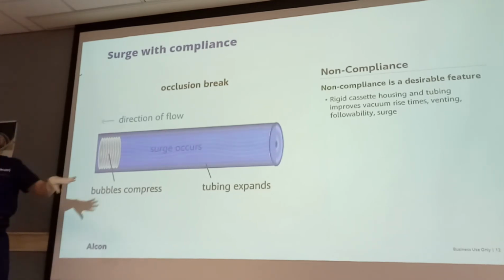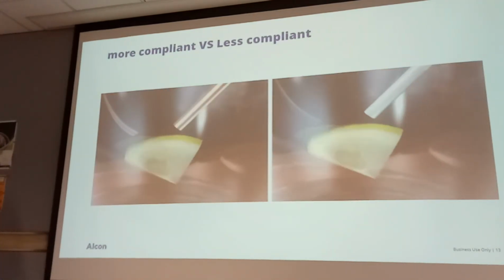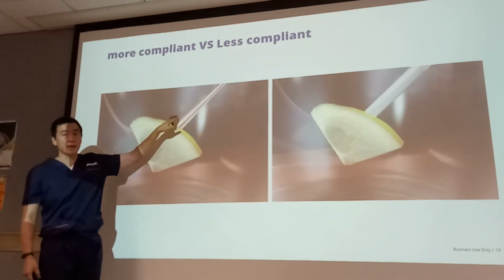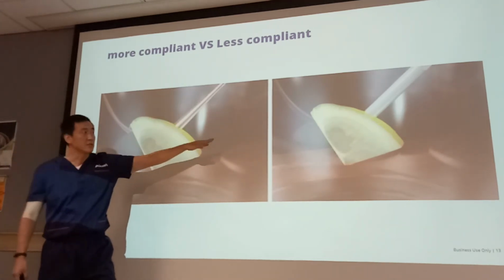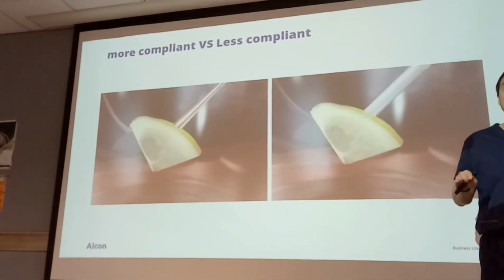Why? Because we need to reduce surge. So let's see. That one is more firm. This one is soft. So this one takes more liquid from the tube. This one takes less liquid from the tube to set the same vacuum.